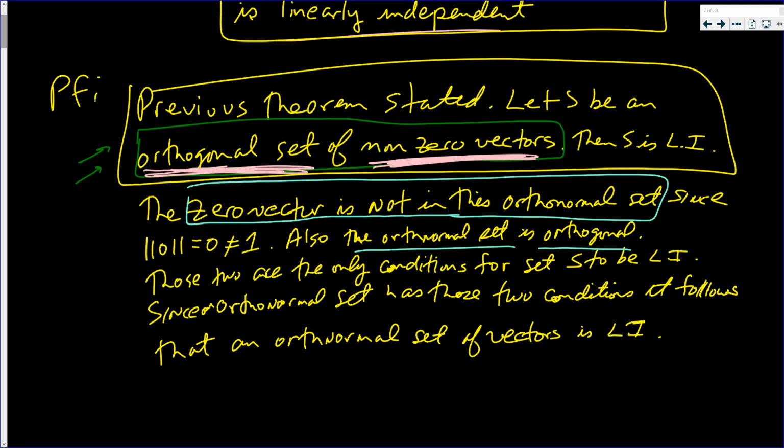Well, the previous theorem said if you have an orthogonal set and it doesn't contain the zero vector, it's linearly independent. That completes the proof. It was an immediate consequence of the last theorem. All I had to do was say that an orthonormal set doesn't contain the zero vector and it's orthogonal, and then from the previous theorem, this set must be linearly independent.